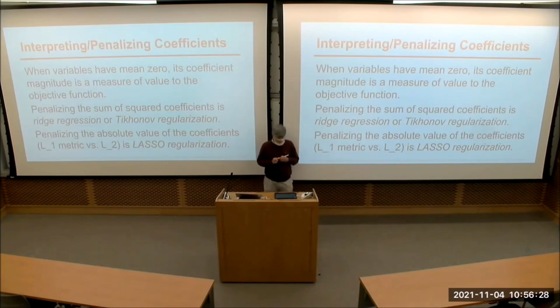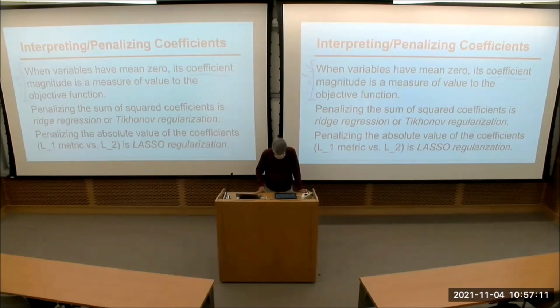So, how should we think about these coefficients? Again, in an ideal world, if you have a regression model where all the variables were z-scores, then every variable has a mean of 0. If all your variables are comparable in magnitude and scale, one thing that's good about that is that we can interpret the model by the size of the coefficients.